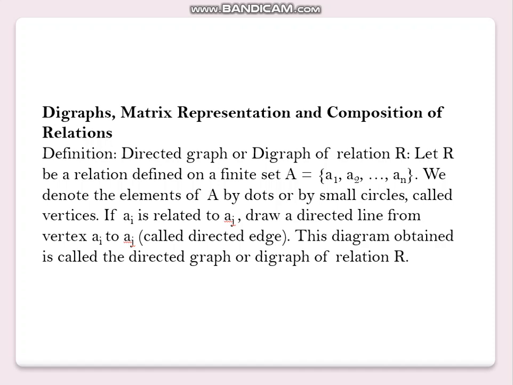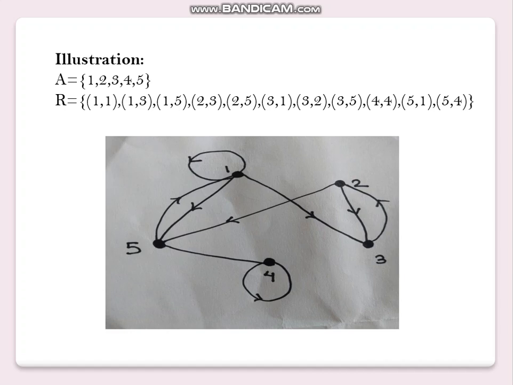Let us see this by means of an example. If A is a set which contains 5 elements, 1, 2, 3, 4, 5, we are given the relation R. Let us see the pair (1, 1). So you have an edge from 1 to 1. That means there is going to be a loop at 1.